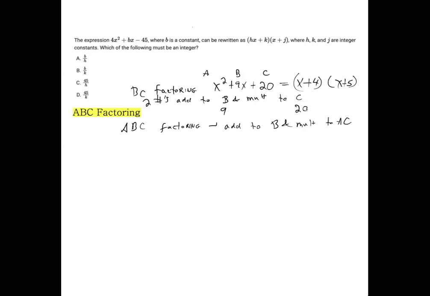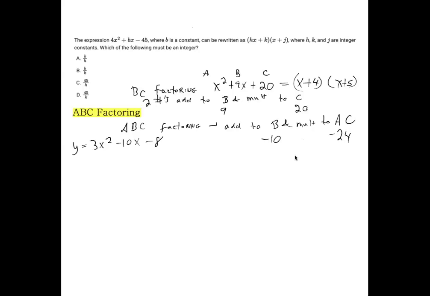So let's just say if we had an example, y equals 3x squared minus 10x minus 8. In this situation, we would need two numbers that add to negative 10 and multiply to negative 24.